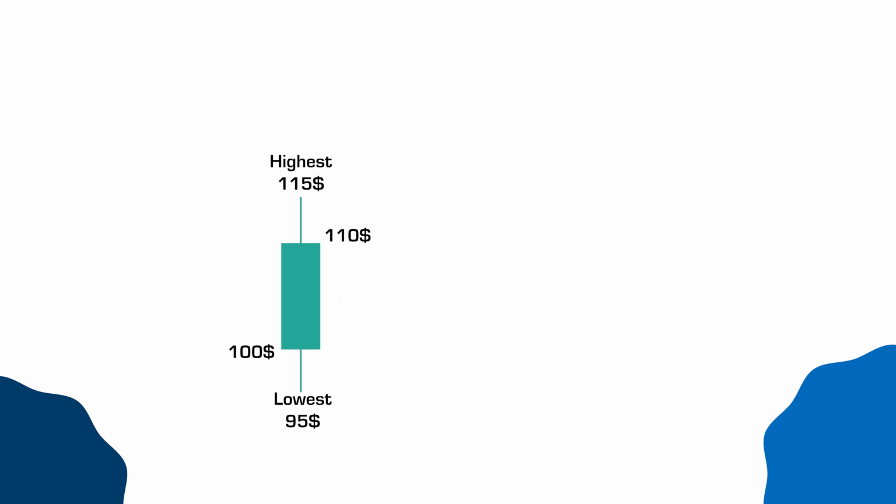Wicks, tails, and shadows. Those are 3 names for this little part. These are thin lines sticking out of the body, representing the highest and the lowest price reached during the time interval before it's closed. For example, let's say we have a candle that opens at $100, then it goes down to $95, and then it goes up to $115, and then it retraces to $110 and closes at that price.